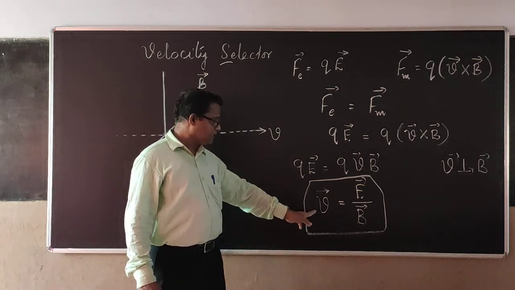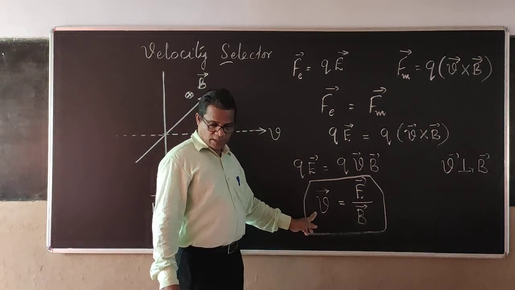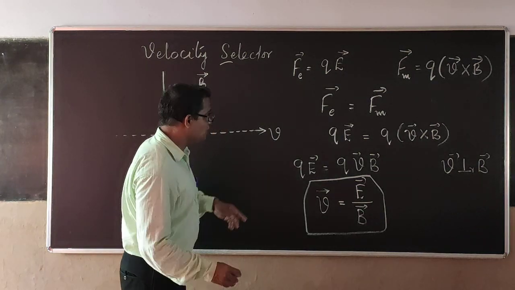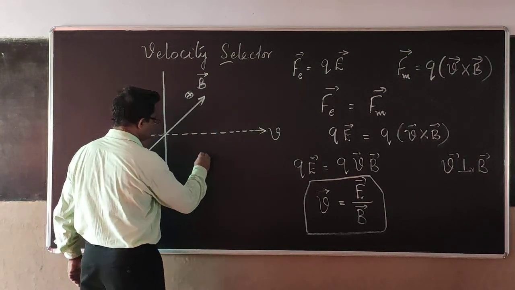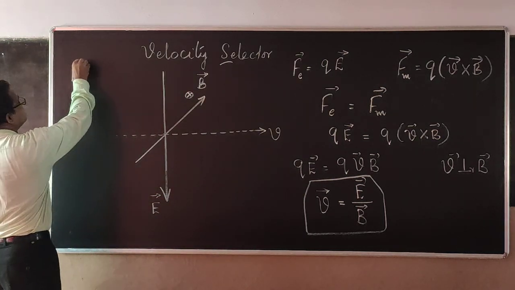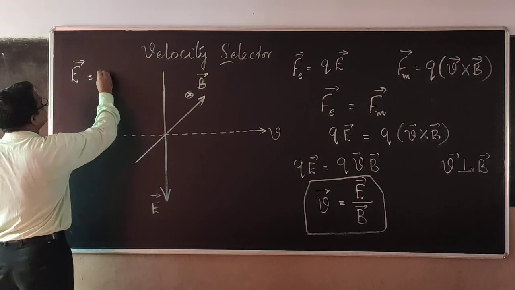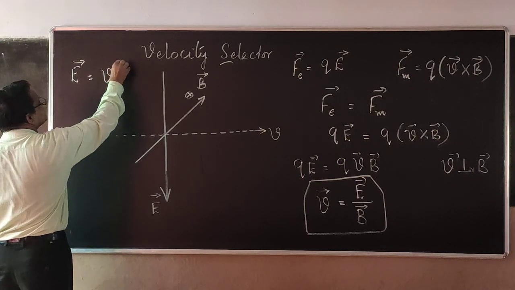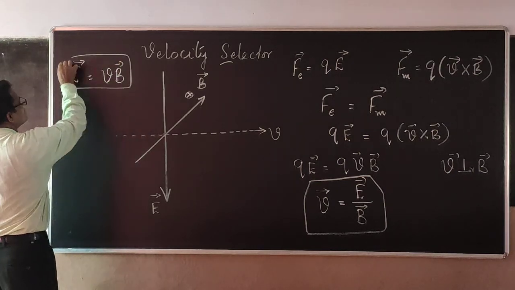And therefore we get a condition like this. And here you can get one more condition that electric field E is equal to v into B. This condition is also possible.